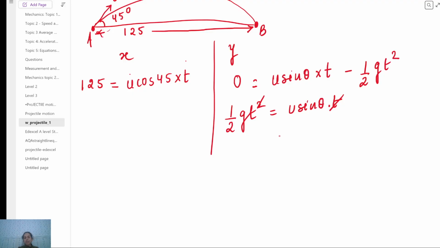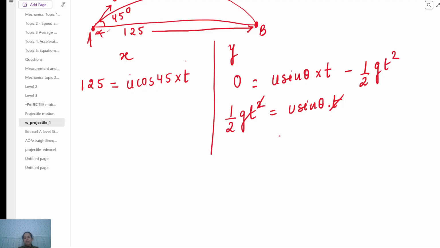So I'm going to plug in this t here. 125 equals u cos 45, which is 1 over root 2, times the time, which is 2u sine 45 over g, which is 10. I'm taking 9.8 as 10. Now this becomes 125 equals u squared times 2 times sine 45, which is 1 over root 2 again, and you have this 1 over root 2 here, and then divided by g.